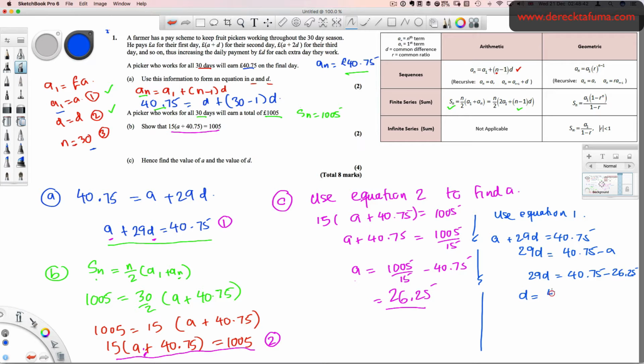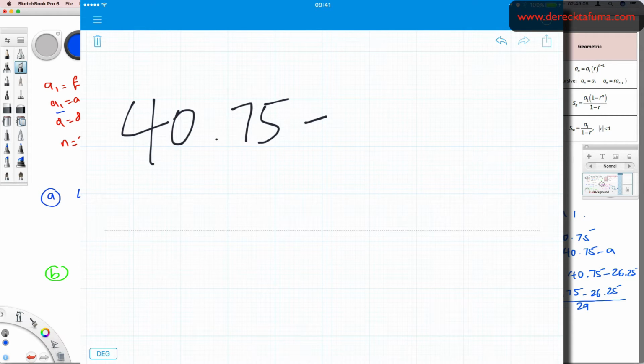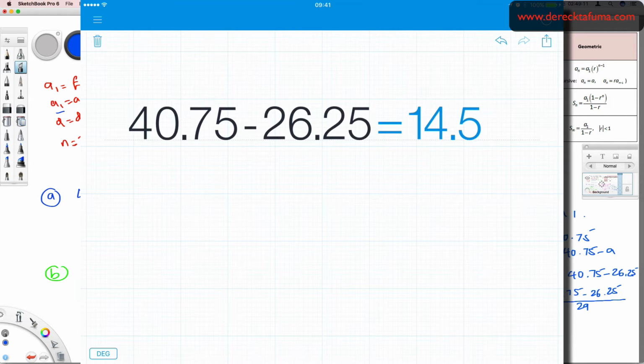Then D equals 40.75 take away 26.25, divided by 29.